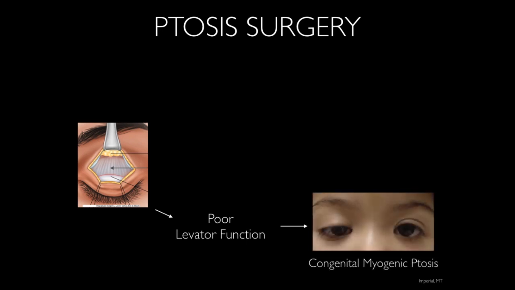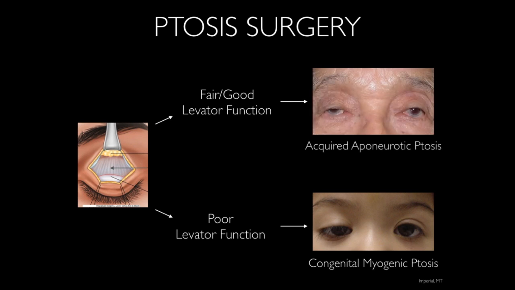These are most commonly seen in congenital myogenic ptosis. On the other hand, if there is weakening or disinsertion of the levator muscle, patients may have fair to good levator function, which is typical in a patient with acquired aponeurotic ptosis. These are the two most common types that we encounter in practice.